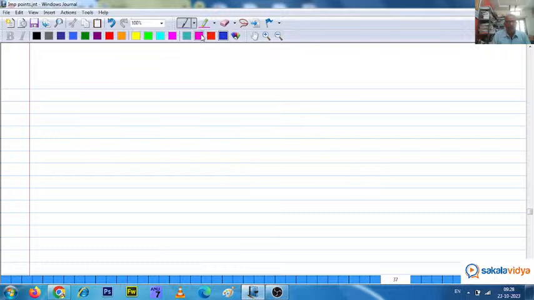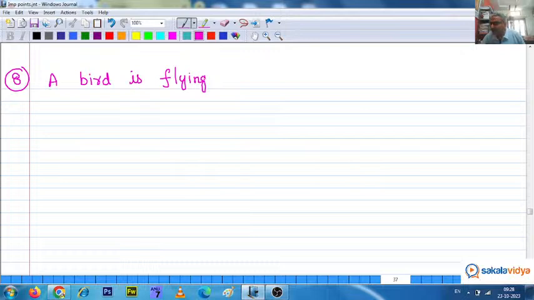Let us move to the eighth problem. A bird is flying at an angle of 60 degrees to the horizontal.